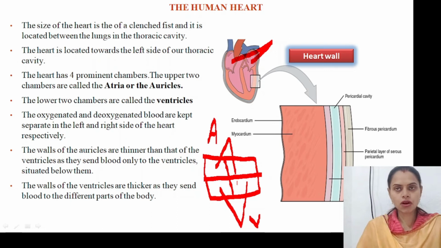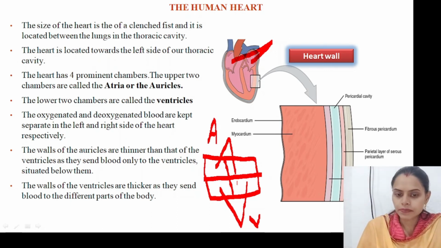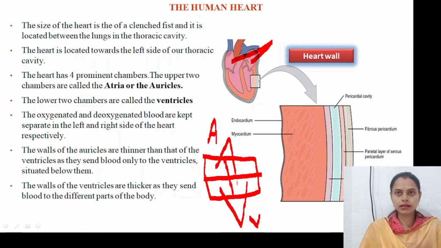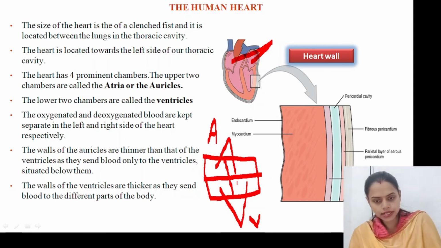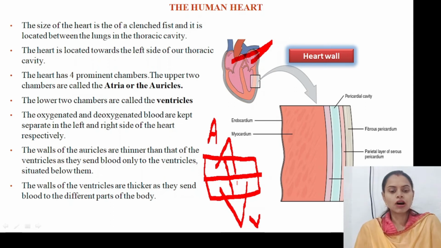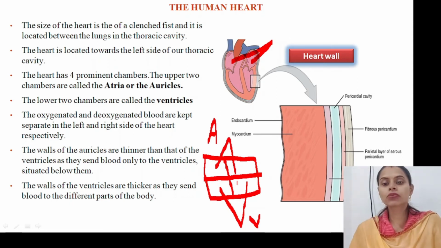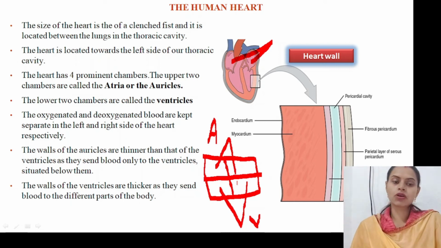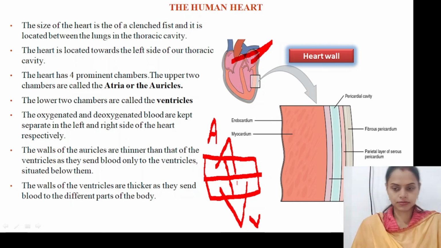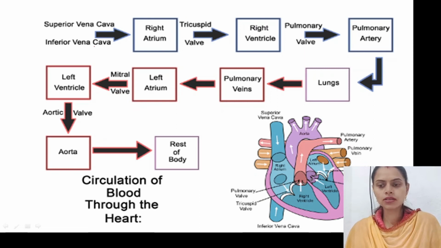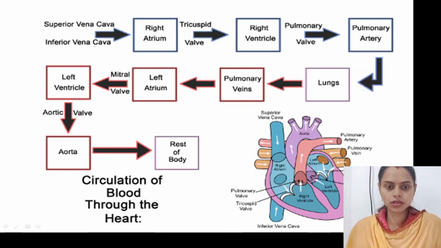But the walls of the ventricles are quite thicker than the atria, because from the ventricles the blood should be pumped out throughout the body by means of blood vessels. So let's start a flow chart about the blood circulation.